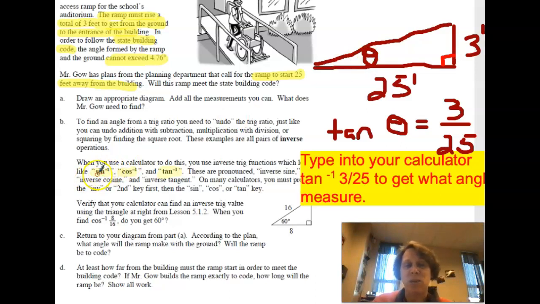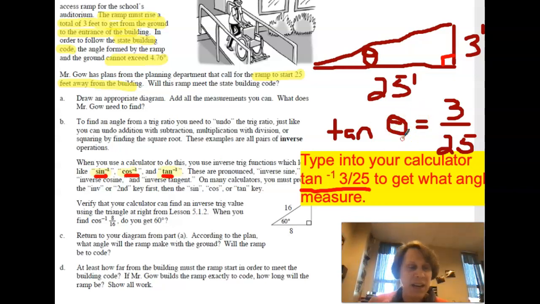We talked about how you'll be using the inverse of sine, cosine, or tangent throughout this lesson and beyond to help us find missing angles versus missing side lengths. So yesterday, and you maybe were feeling rushed, so feel free to try this again, we're going to type in the tangent inverse of 3/25 to help us get that angle theta.